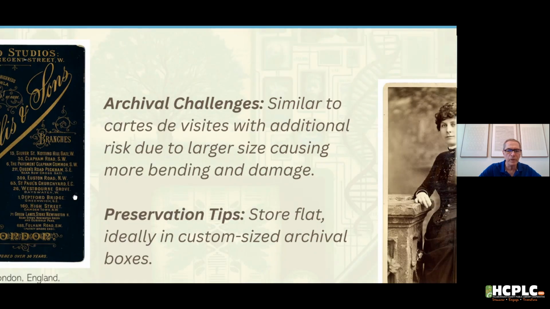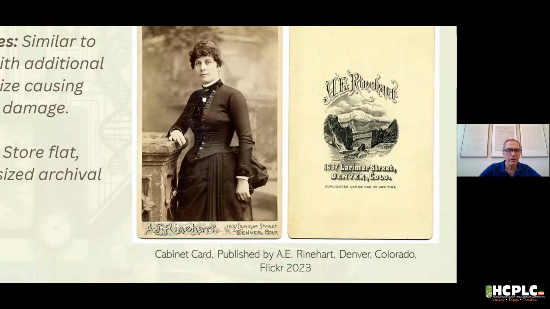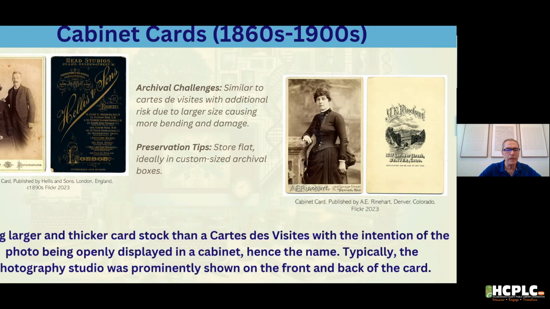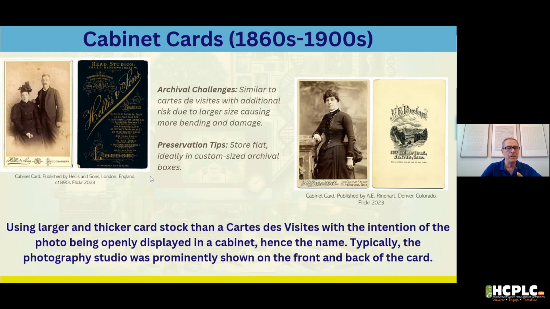And equally another one here from Denver with a beautiful embossment of the studio at the bottom as well. So what people did typically, a few years later, as photograph frames came into fashion, they would unfortunately cut out the photograph and put it in a photograph frame, so the bottom bit of the studio would be lost.